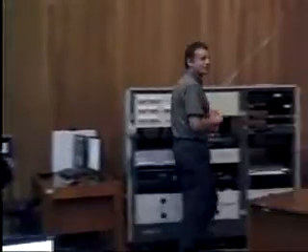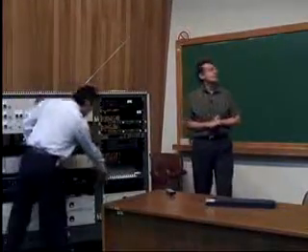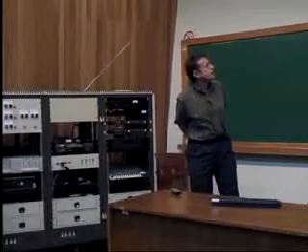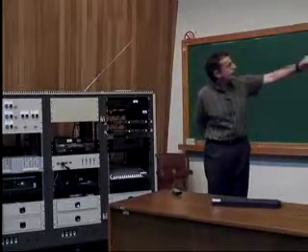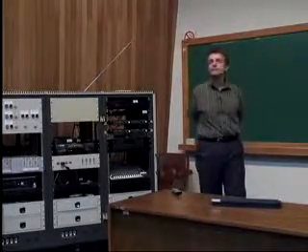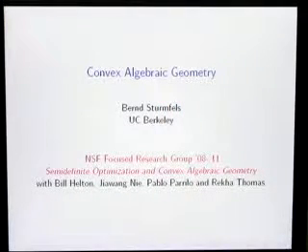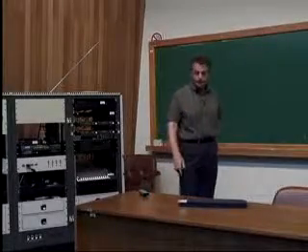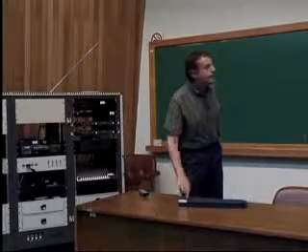Okay, thank you very much. It's a great pleasure to be here. I'd like to tell you what convex algebraic geometry is. The title comes from a project I'm involved in with other mathematicians and engineers called Semi-Definite Optimization and Convex Algebraic Geometry, although in this talk I will emphasize the geometry and the algebra a little bit.